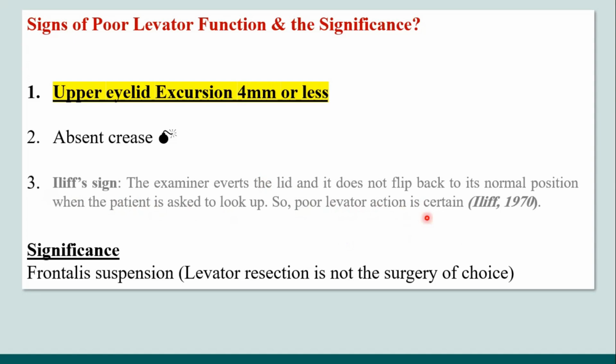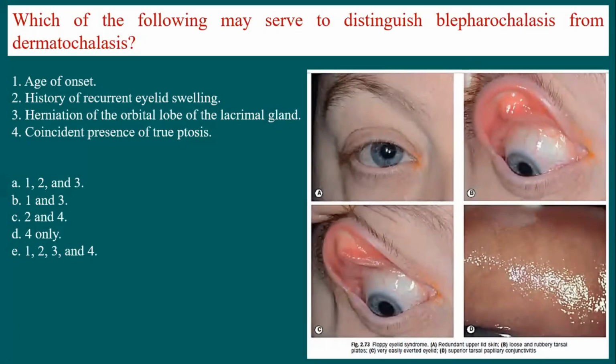Not important. Be careful about the difference between blepharochalasis and dermatochalasis. For example, which of the following may serve to distinguish blepharochalasis from dermatochalasis? The most important is the age of onset. Blepharochalasis is in the young, but dermatochalasis is in the aged population. In blepharochalasis, we have recurrent eyelid swelling, and we might have herniation of the orbital lobe of the lacrimal gland.